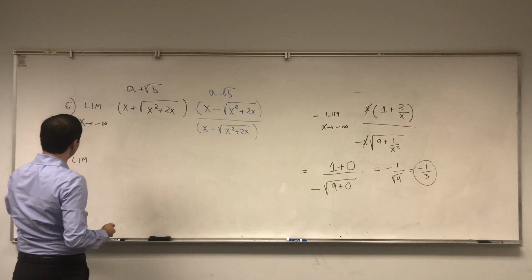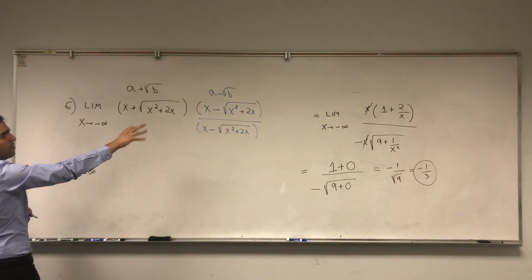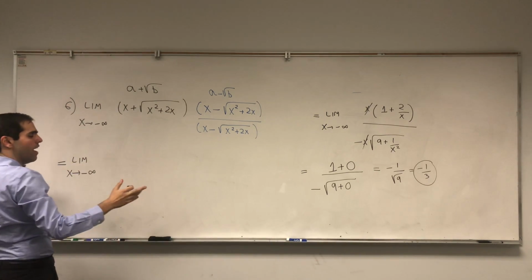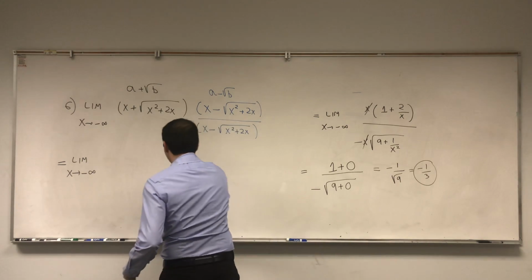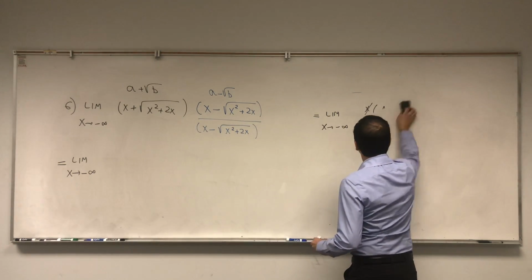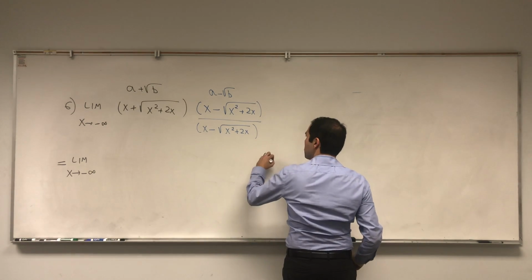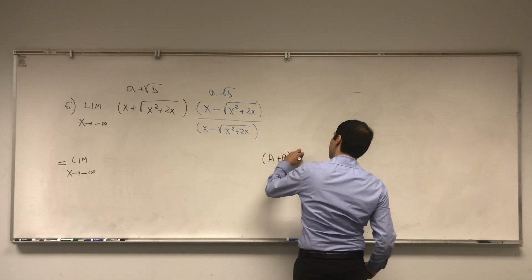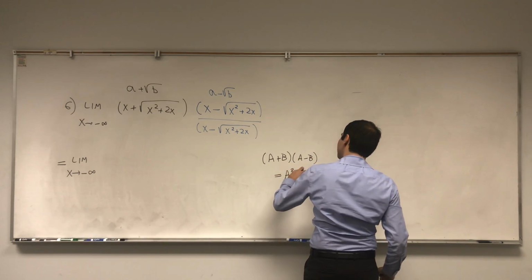And then what you use is simply the form a plus b times a minus b, that's a squared minus b squared.